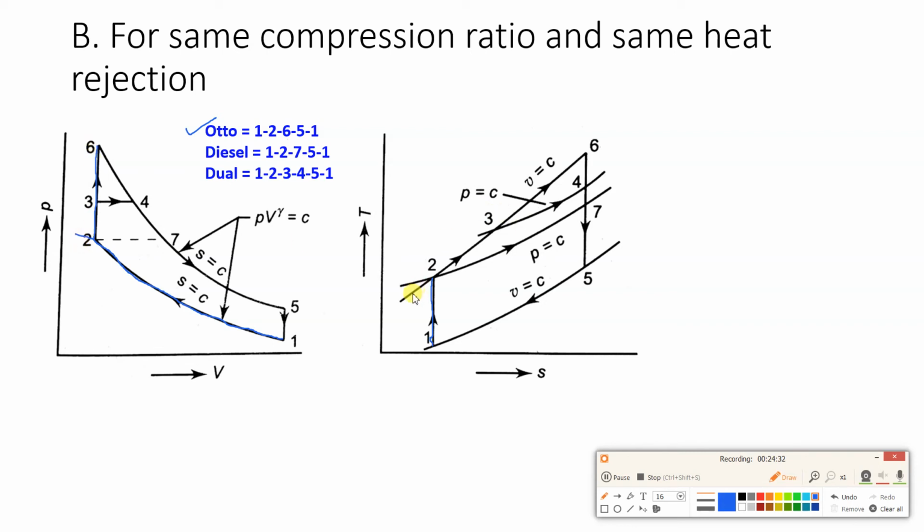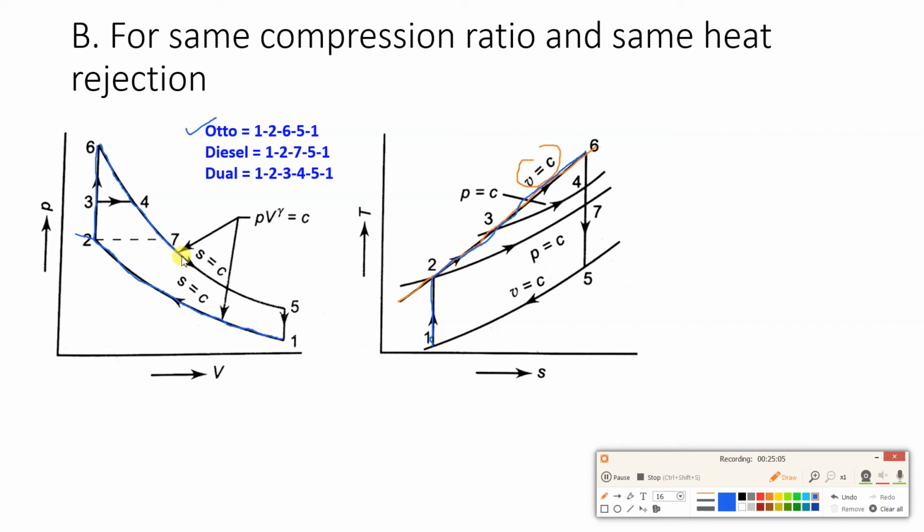Here you can see I have drawn from 2, this is a curve indicating volume equal to constant from point 2. So from point 2 I will draw constant volume heat addition. It will reach 6.